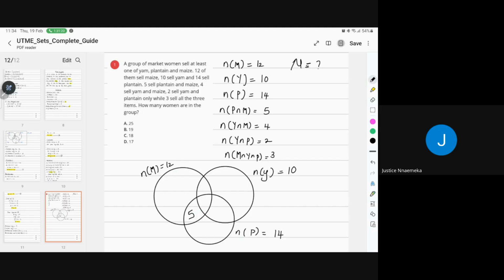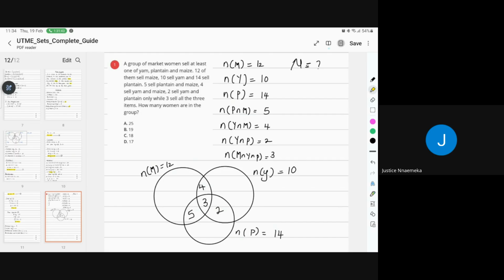Then yam and maize, Y and M, will have 4 of them. The next one is Y and P, we'll have 2 of them. And then 3 of them are doing everything. Are you seeing it now? Does it make sense? They've given us these values, and they're asking us how many women are there in the group.